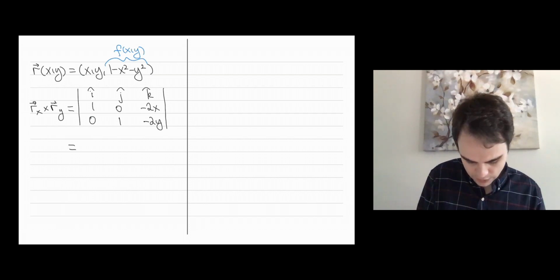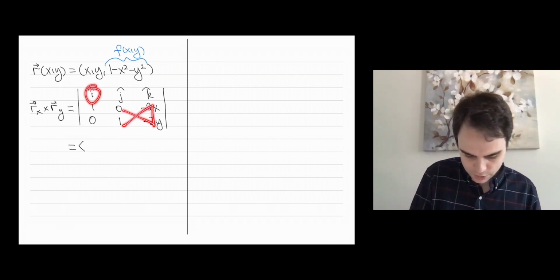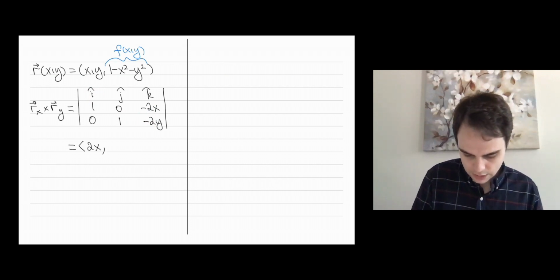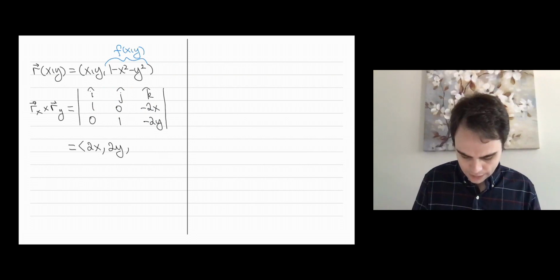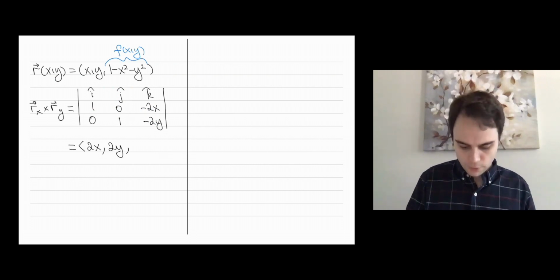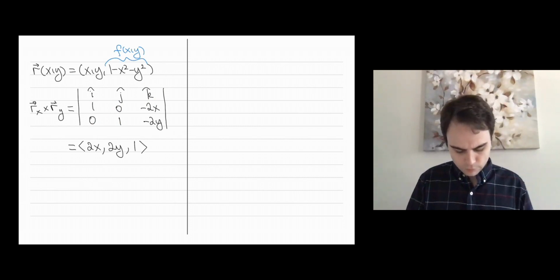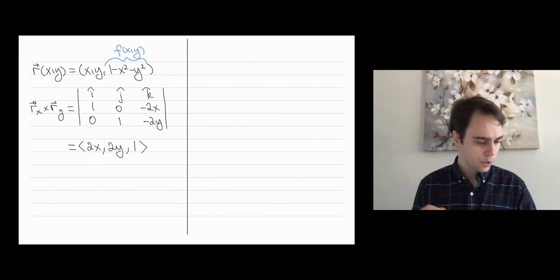So if I work this out, I get the i component: 0 minus (minus 2x), that's 2x. And then the j component is minus of (minus 2x times 0 minus minus 2y), that's just 2y. And then finally, the k component is 1 minus 0, that's 1. Okay, so there is our cross product.